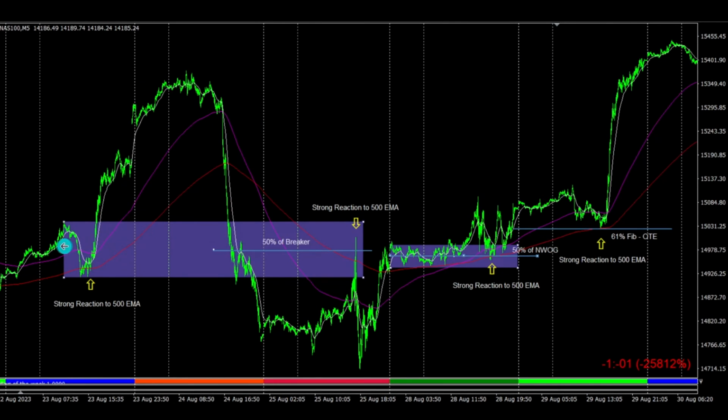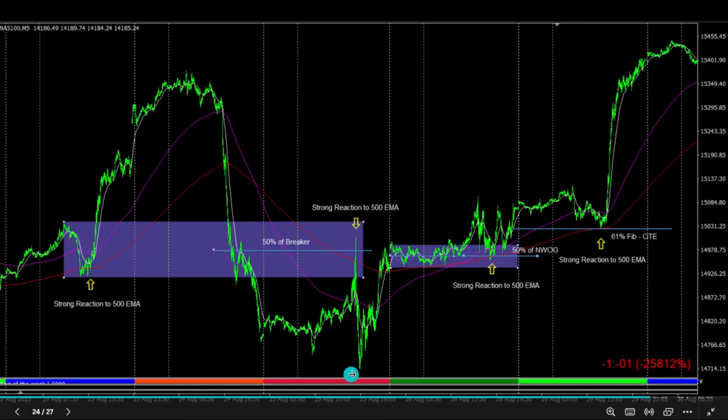This whole move could be considered a breaker because price has moved past that level and then retraces. This is 50% of that breaker, and this is where that strong reaction took place. This move was a big move down.